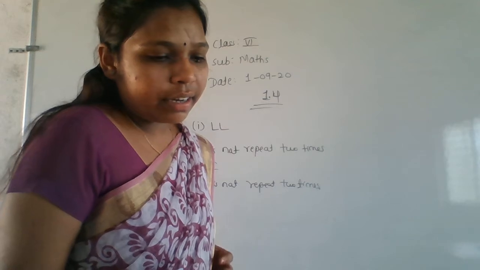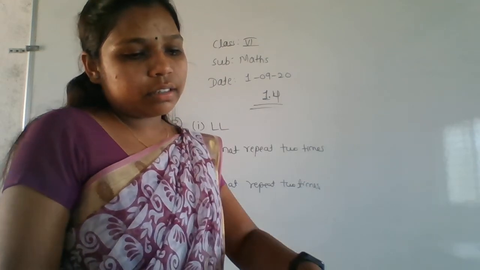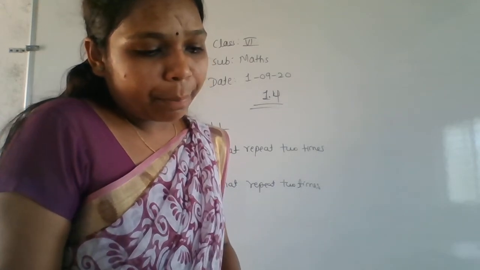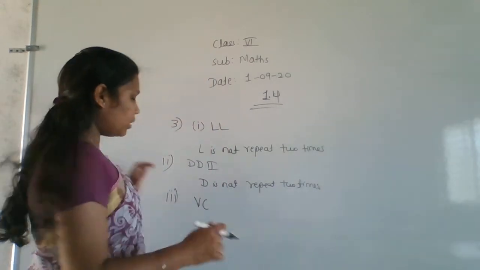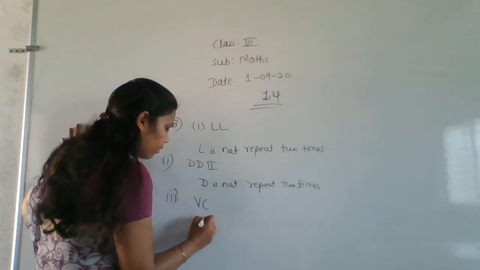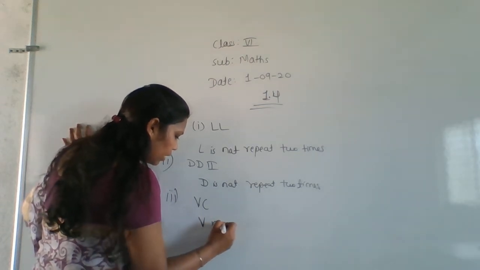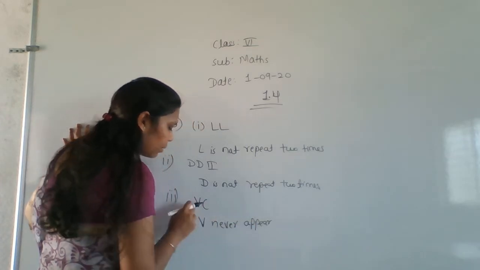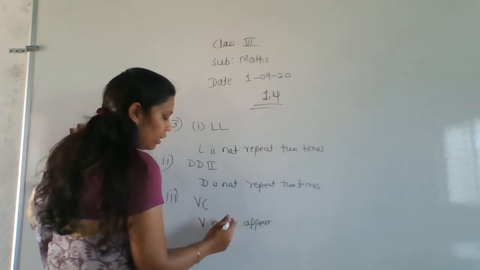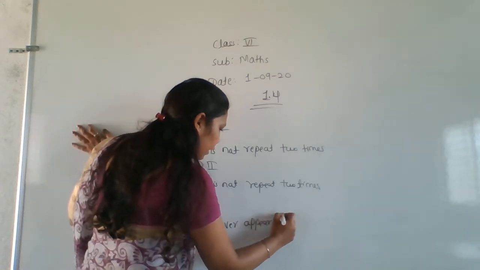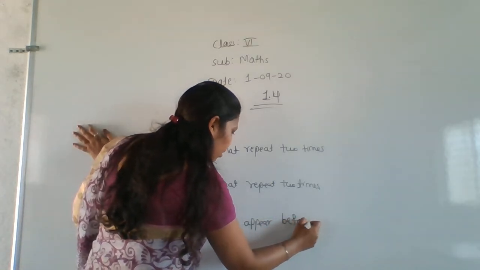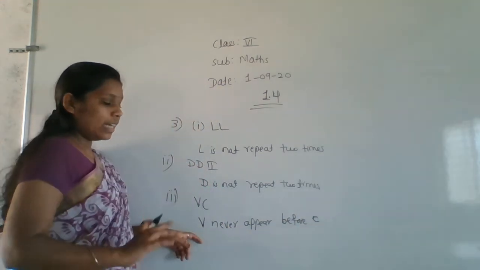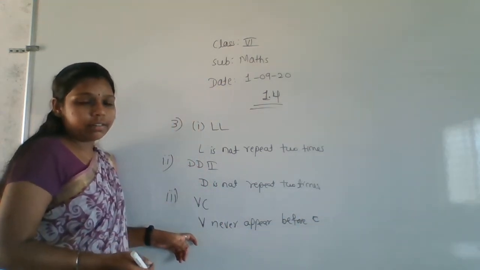So you have to write here that 5 will never appear before C. Before C, this V never appears. That is the reason.